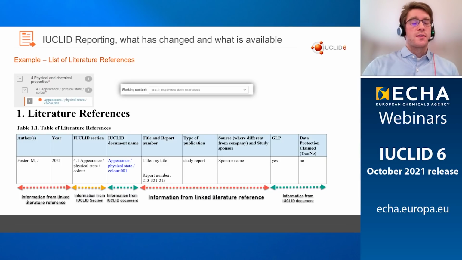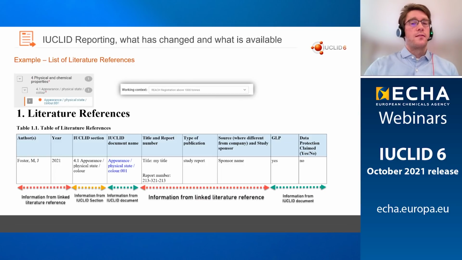So to take you through an example of one of the list reports and to show how it's organized, in this example, there's a list of literature references. It's been generated from a working context REACH registration above 1,000 tons. And I'm in particular showing a literature reference that is referenced in section 4.1, appearance, physical state and color.